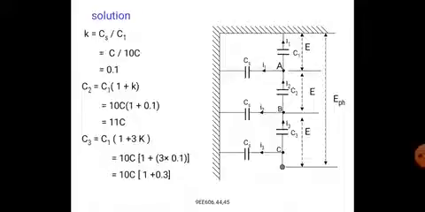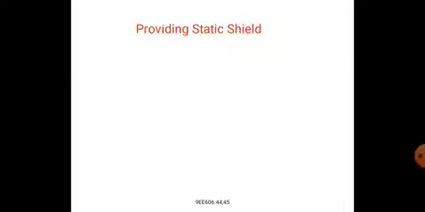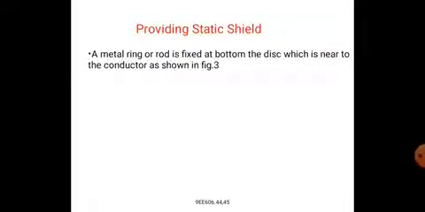C1 is nothing but 10 into C, so 1.3 into 10 is 13C. So C3 is equal to 13C. So here we are finding the capacitance of the remaining insulators: C1 is equal to 10C, C2 is equal to 11C, and C3 is equal to 13C.